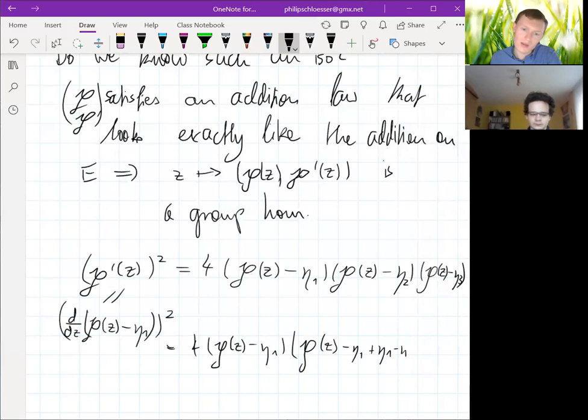Plus eta 1 minus eta 2 times, same thing.